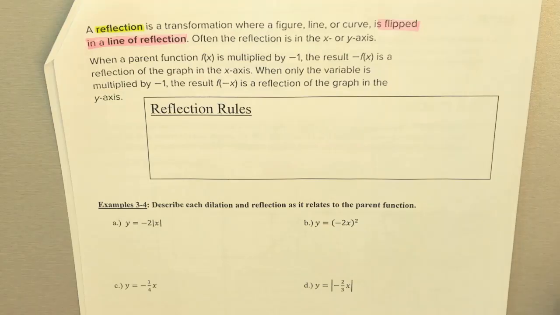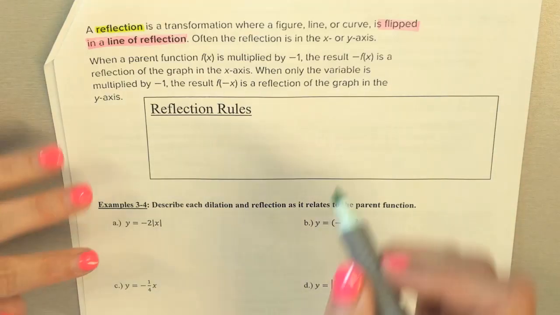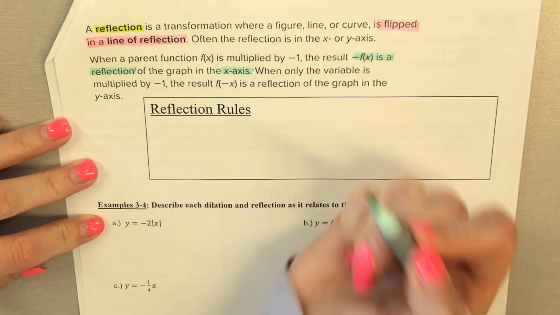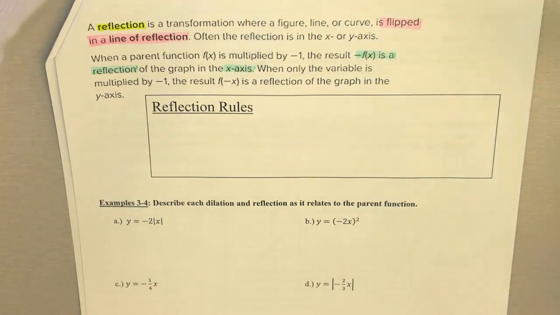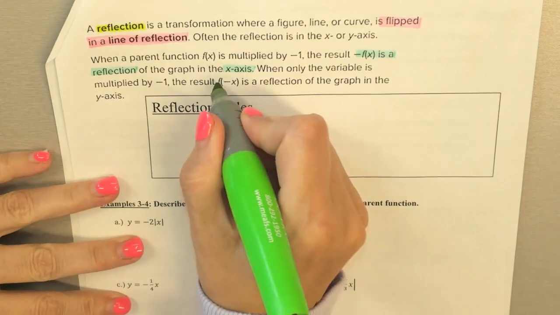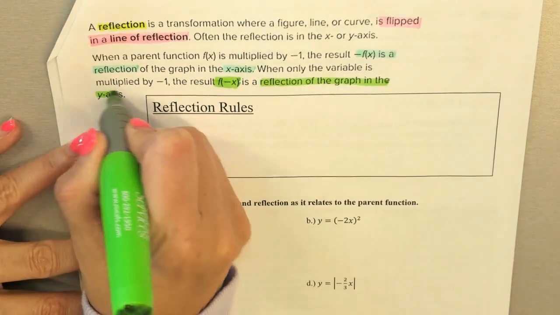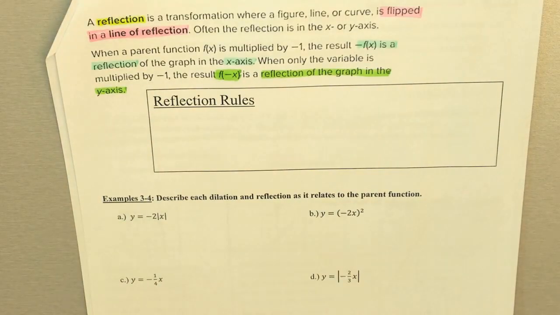They tell you up here, if you have a negative f of x, it's a reflection in the x-axis. And if you have f of negative x, that is a reflection in the y-axis.